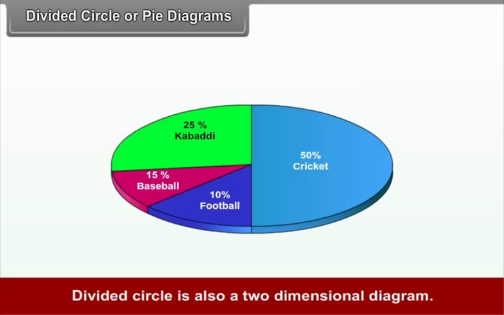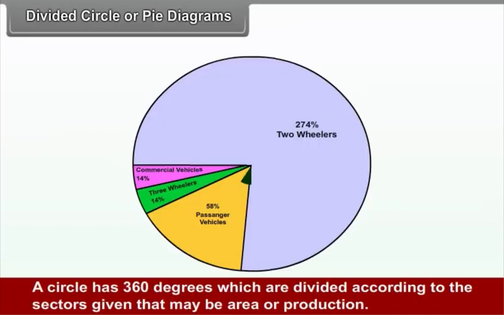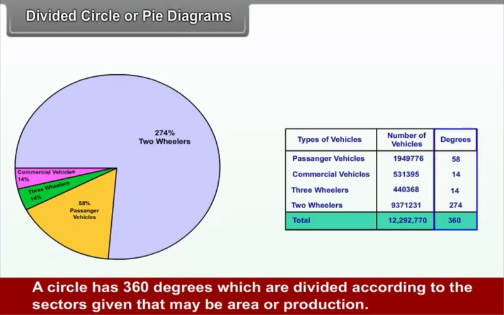Divided circle or pie diagram. Divided circle is also a two-dimensional diagram. Different sectors are shown in a circle. A circle has 360 degrees which are divided according to the sectors given, that may be area or production.